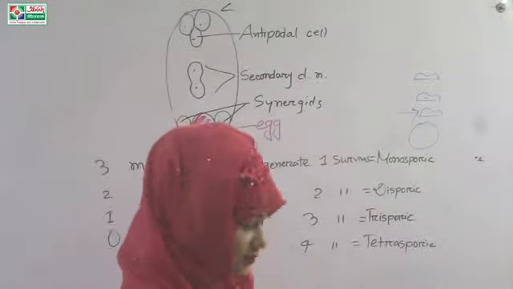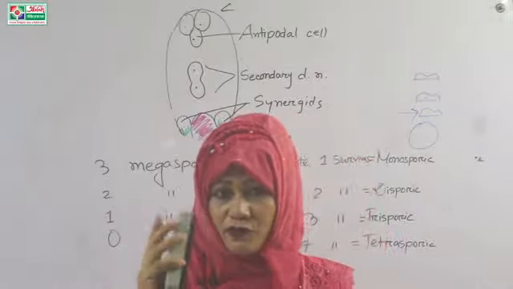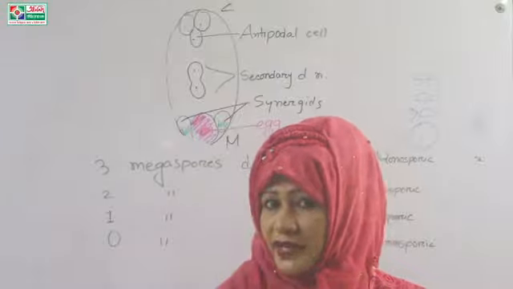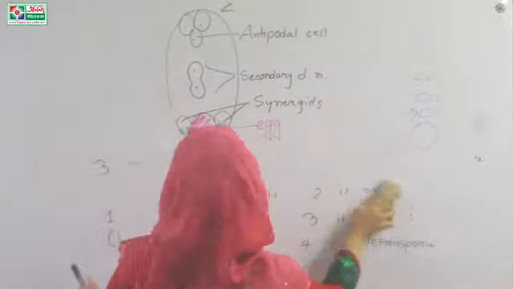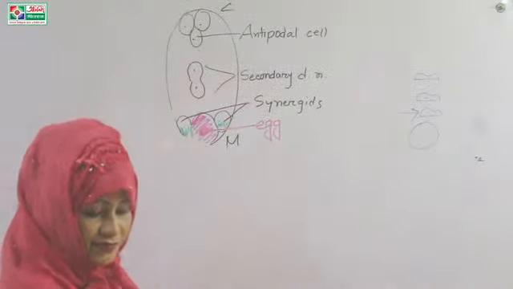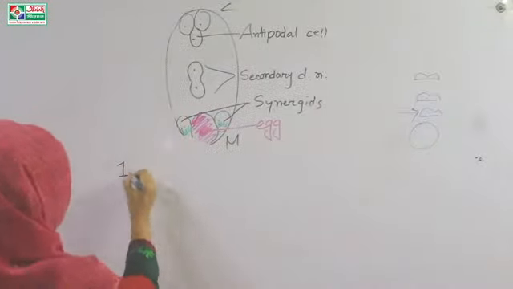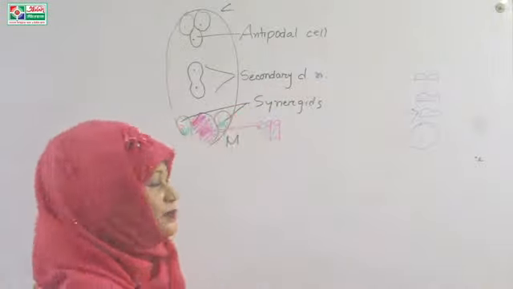So, about the characters of our embryo sac or female gametophyte, in short, we can write three characters. Number one, our female gametophyte is polygonum type.